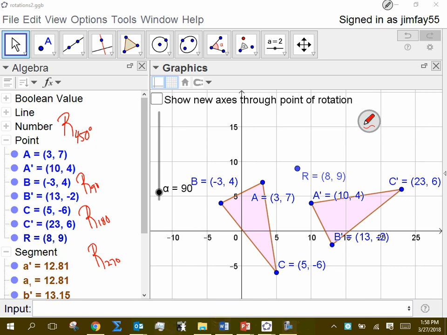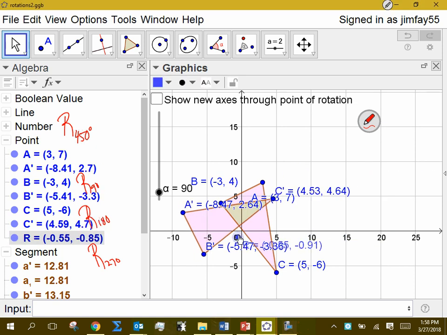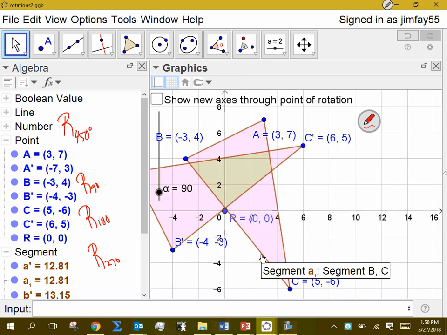So let's try this. Just to make things a little bit easier, let's rotate around 0, 0.